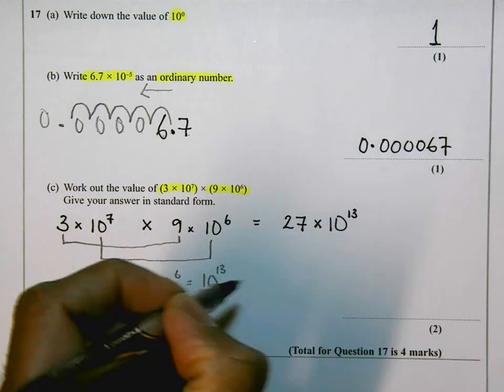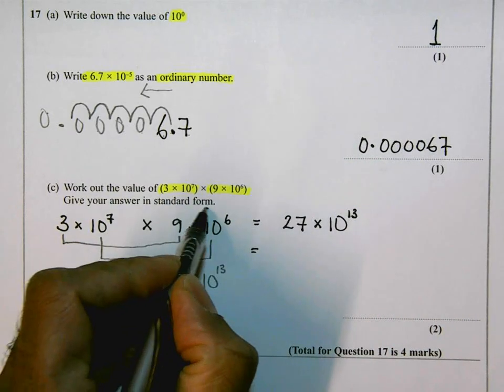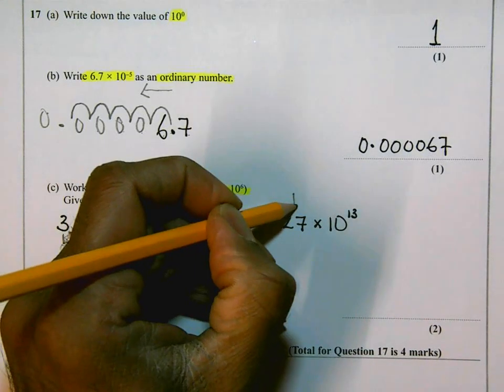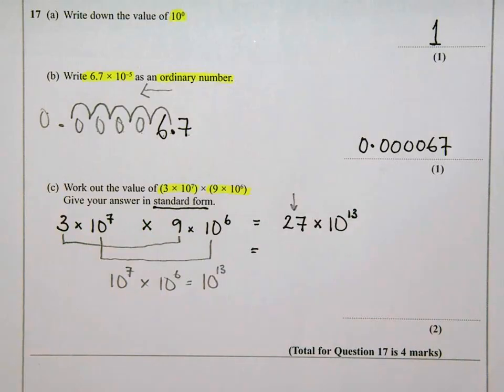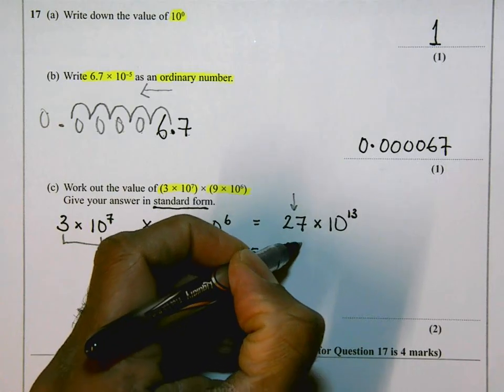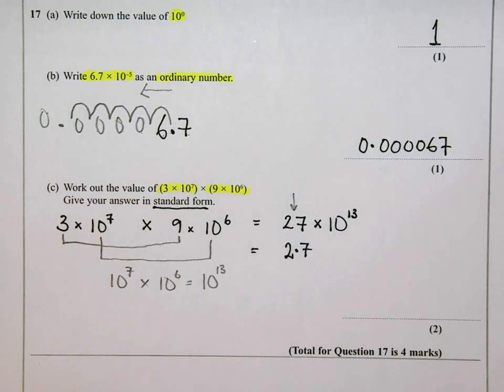Now, the question says give your answer in standard form. This is not standard form. In standard form, the number part needs to be between 1 and 10. So I need to change it to 2.7, and that means I'm taking out a factor of 10.